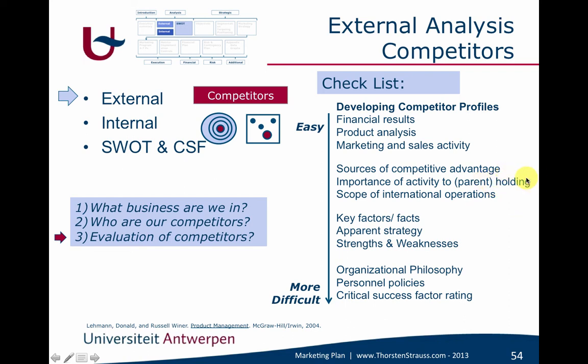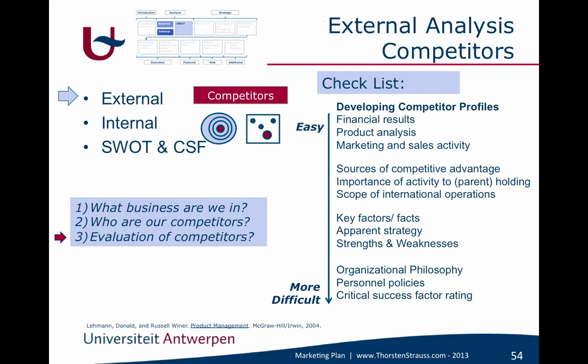That already implies some analysis and interpretation. Importance of activity to the parent holding. Why? If this unit is very, very important to the holding, they're going to be much more retaliative in their actions. If it's not important, they might not even react very much, and you don't have such a threat, or the industry might be more attractive to you because they are not reacting at all costs and competing against you.